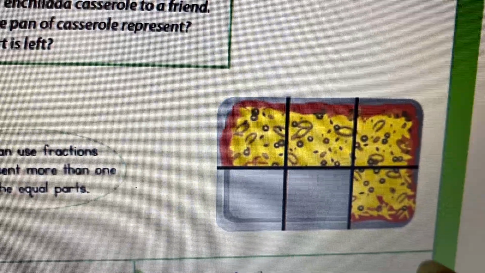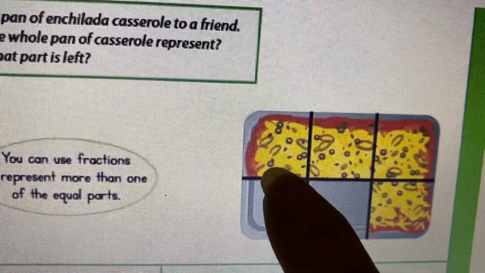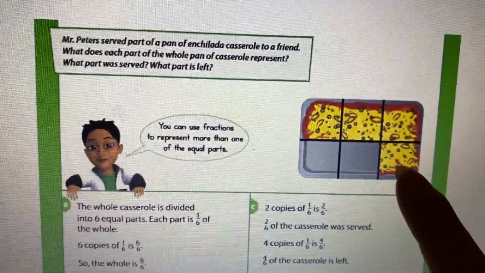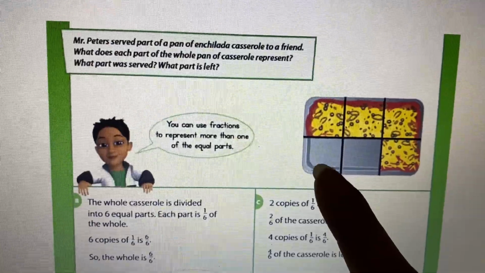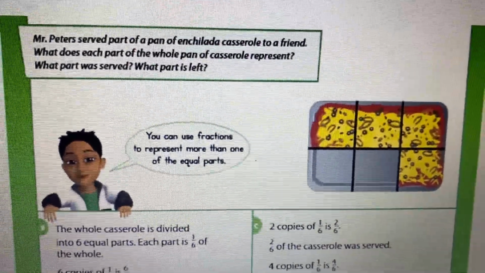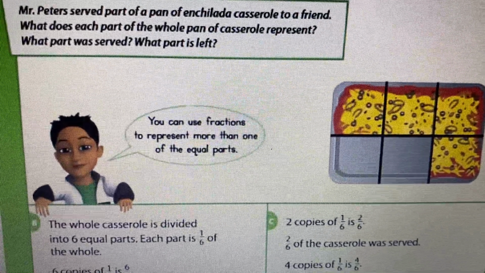Each part here represents 1/6, 6 times. So I have 6 pieces in all.